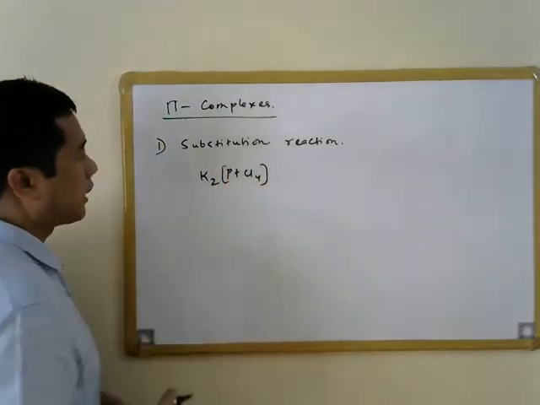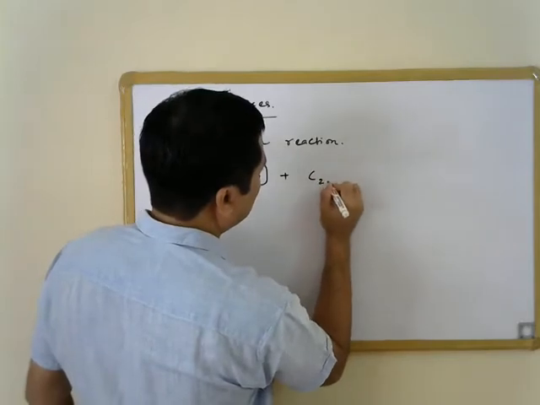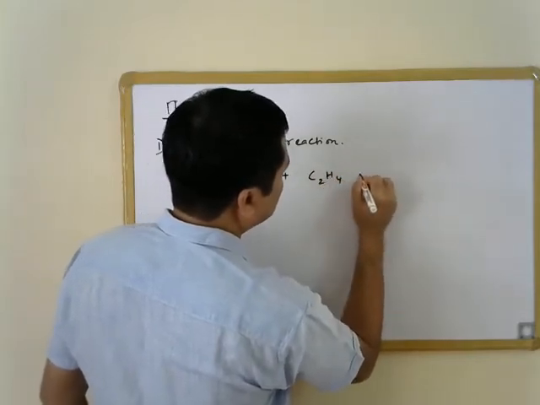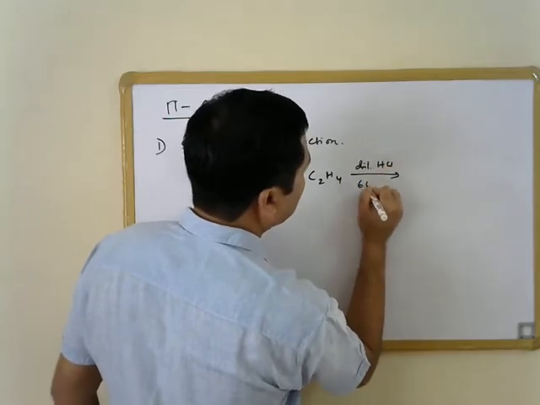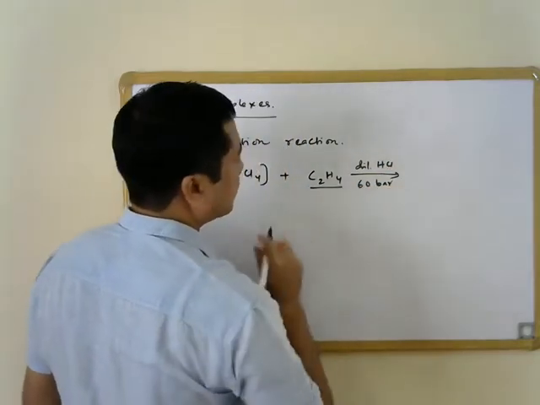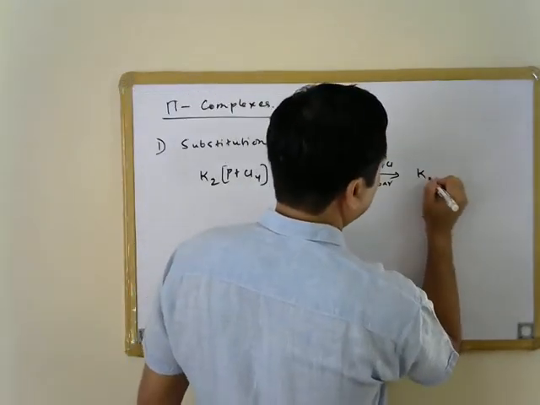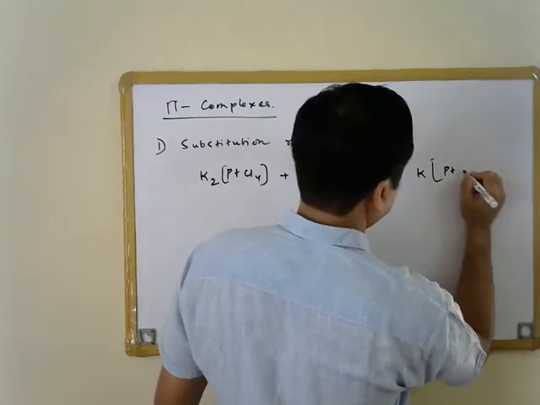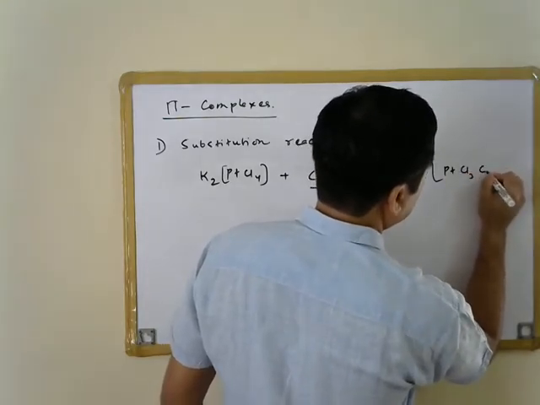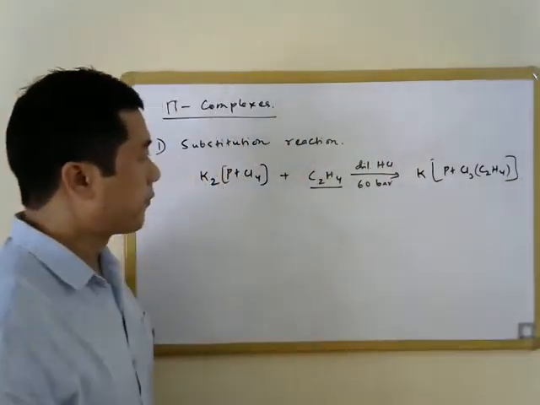That is, if you take K2PtCl4 and treat it with ethylene in presence of dilute HCl under 60 bar pressure of ethylene, that is, at very high pressure of ethylene, this will essentially result in preparation of Jay's salt in good quantity.